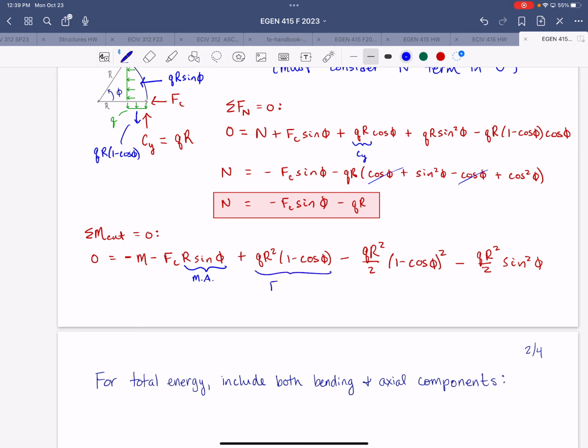So this is FC times its moment arm. That's the vertical component. All right, and that's the horizontal component, times moment arm.